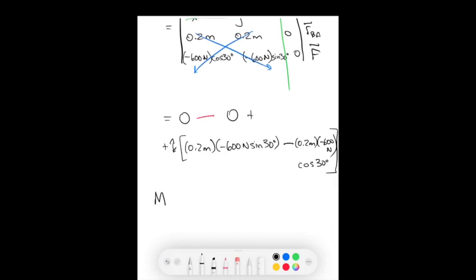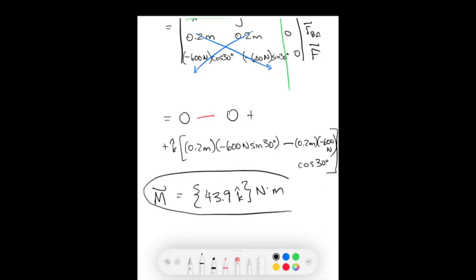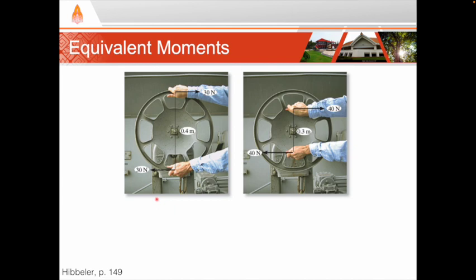And so when we put those numbers in, we find that the moment is equal to the same value we got before, positive 43.9 Newton meters.